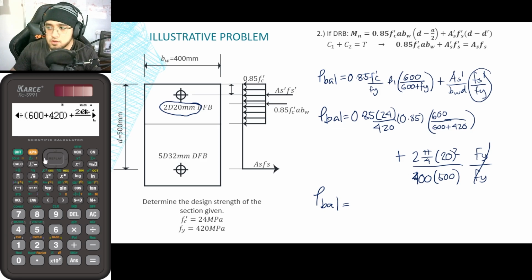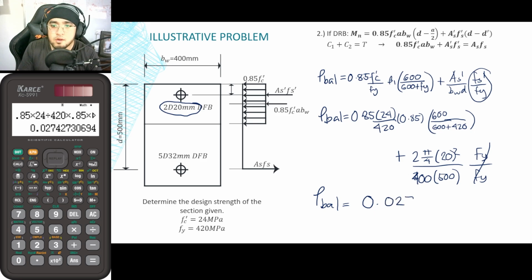Sorry, this should be pi. So our answer here is 0.0274. This is now the value for rho balanced.